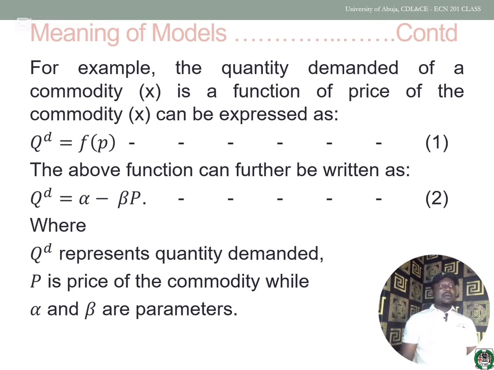For instance, the price of data increased from 100 naira for 100 MB to 200 naira for 100 MB. Now, what is the percentage change in price? By what proportion will that increase affect your quantity demand, your demand for data?